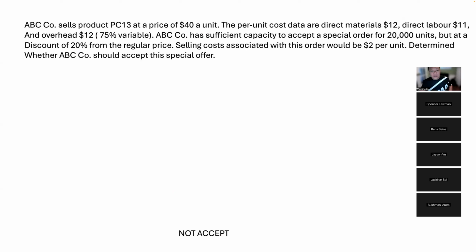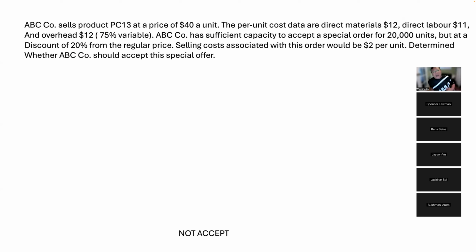In this question, it's asking: ABC company sells product PC13 at a price of $40 a unit. The per unit cost data are direct materials, $12, direct labor, $11, and overhead, $12. And 75% of the overhead is variable.